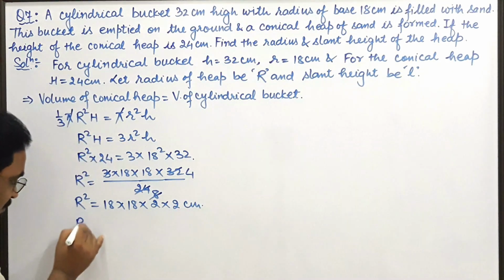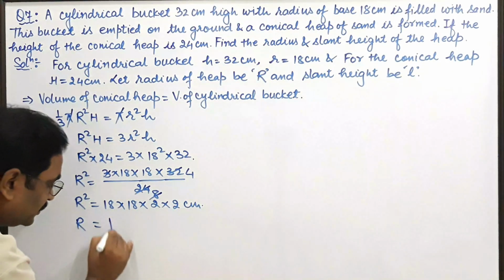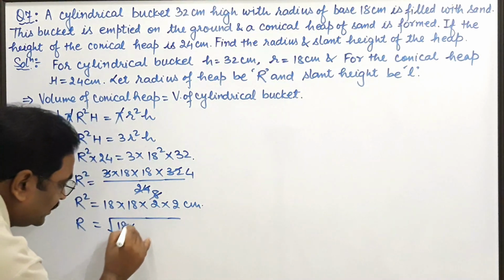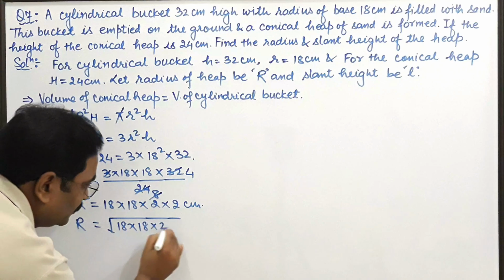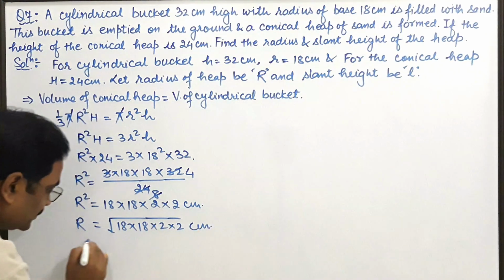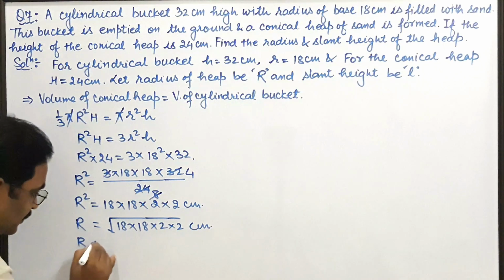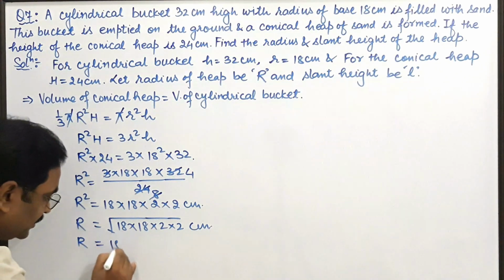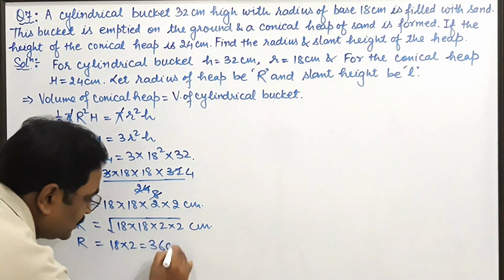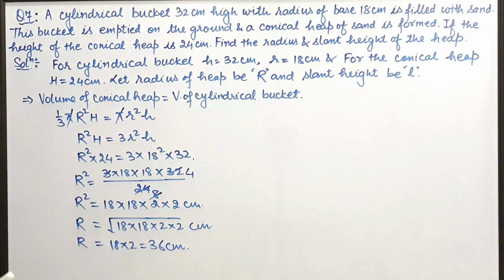So R is equals to square root of this number, which is 18 into 18 into 2 into 2 centimeter. So radius of the conical heap is 18 multiplied by 2, which is 36 centimeter.